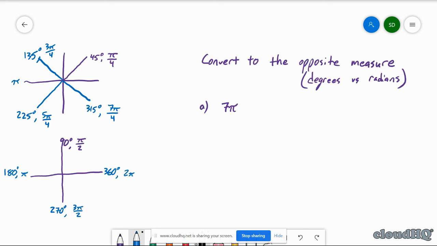Pi is how many degrees? It's 180. So I can think of this as 7 times 180 degrees. Calculator for that one. We get 1,260.